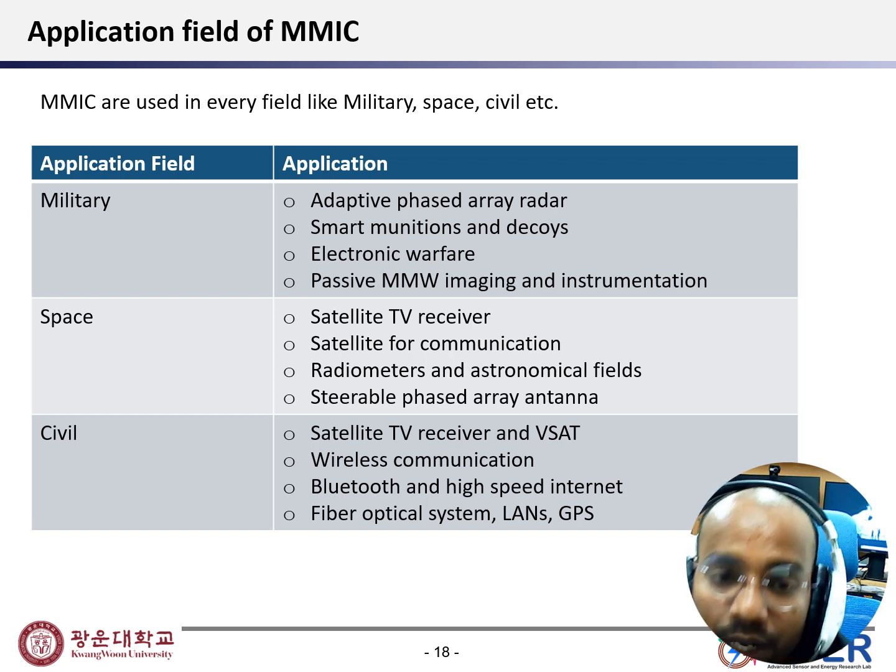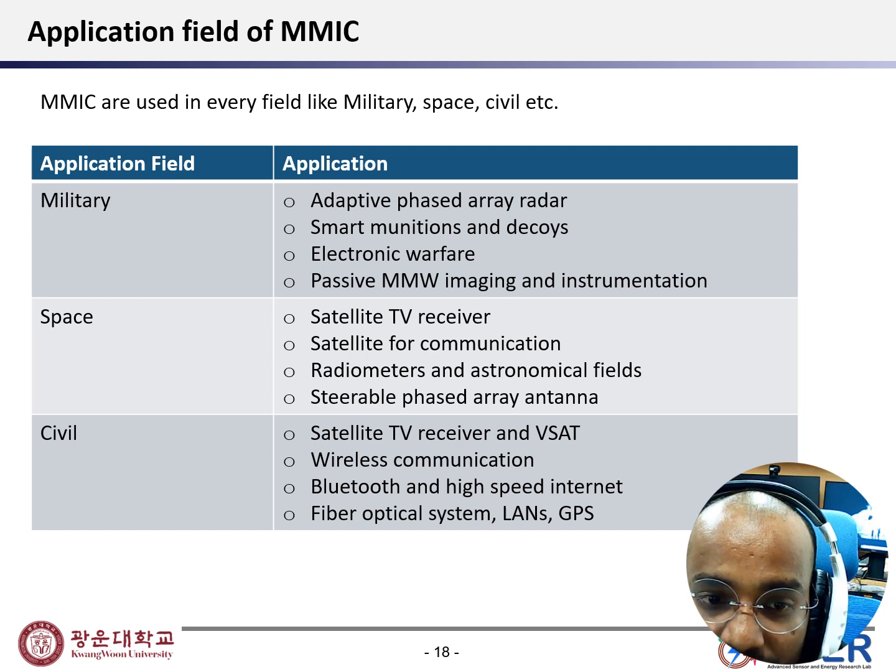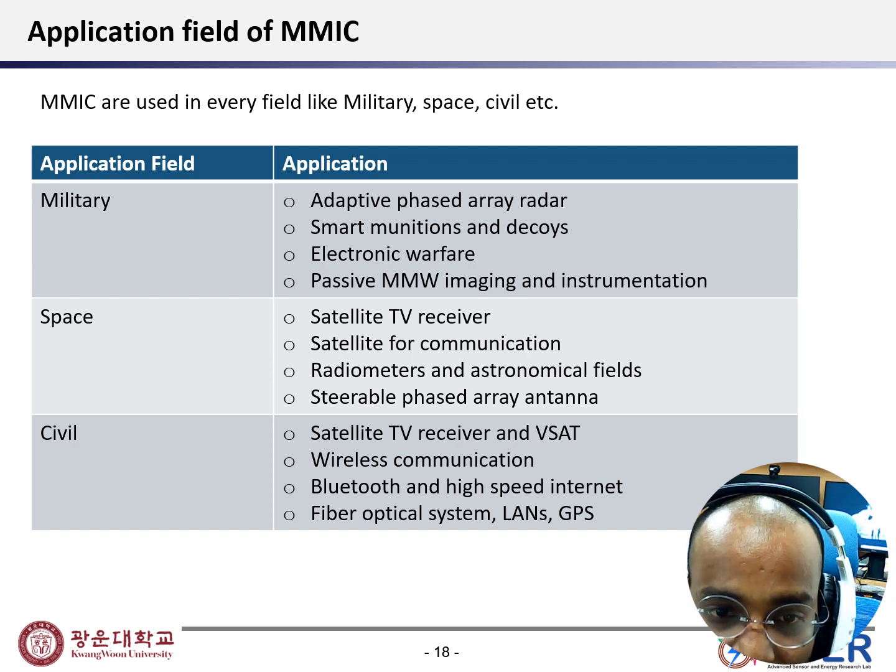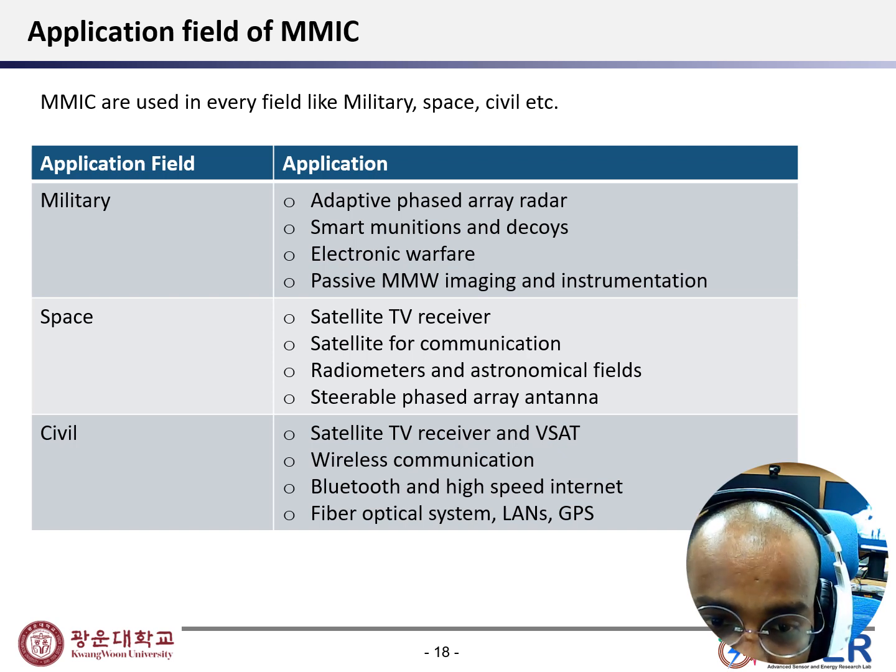Talking about the applications of MMIC, it has a very large scope and is used in various fields, such as military, space, and civil. In military, we can use it for electronic warfare, smart munitions and decoys, and also adaptive phased array radar.